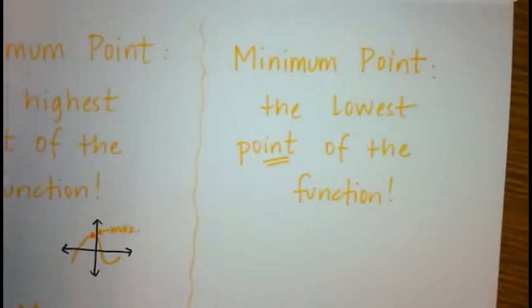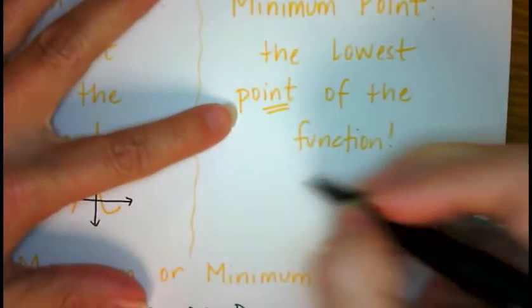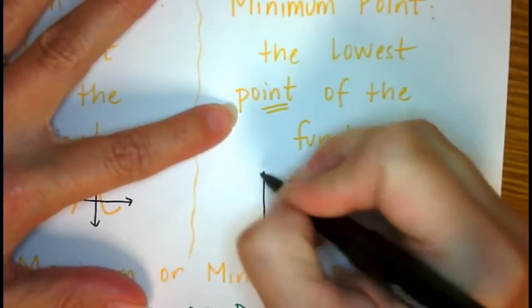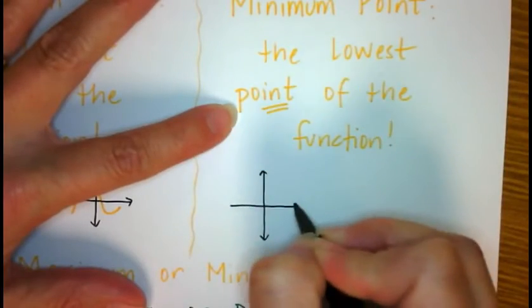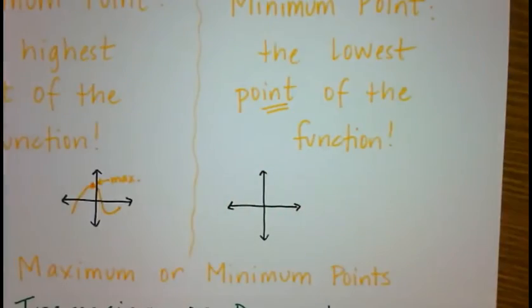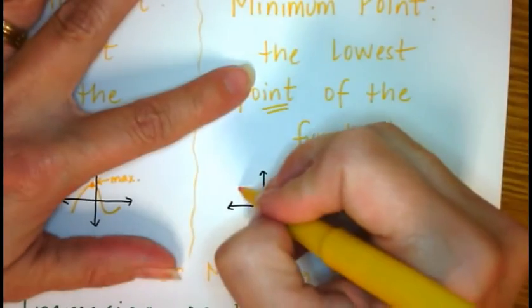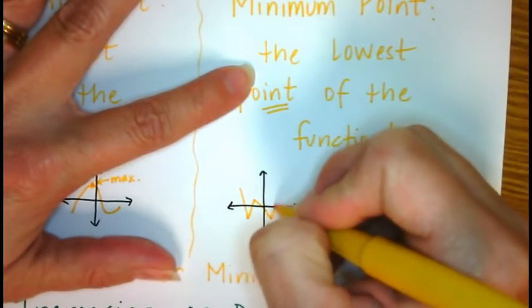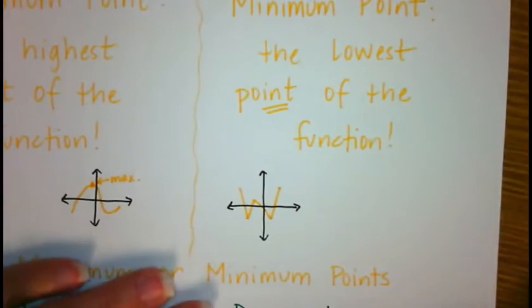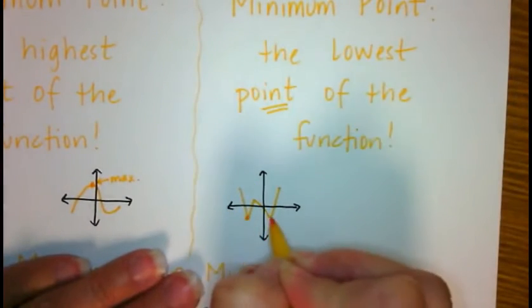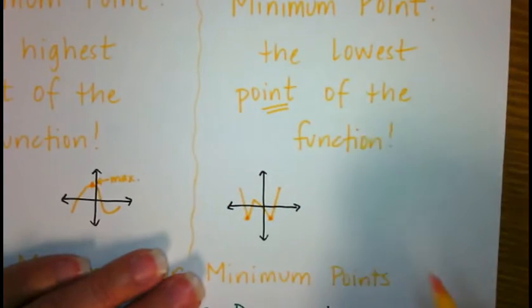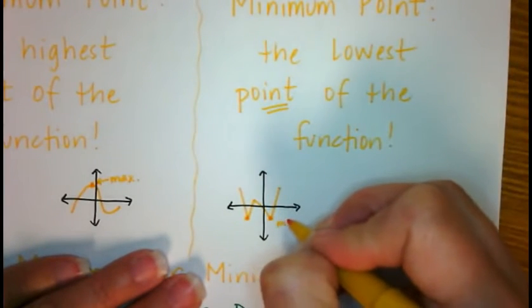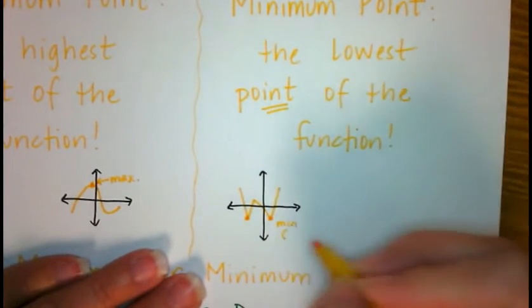So to give a sketch for this one, let's say we had something like a W. All right, in this case, we have two minimum points. So we have a minimum point over here.